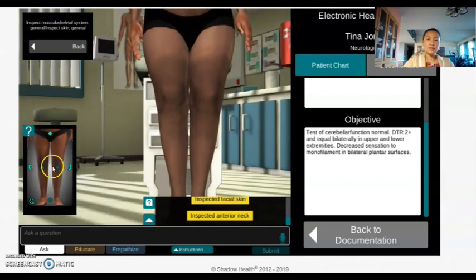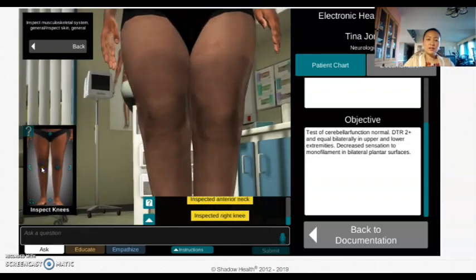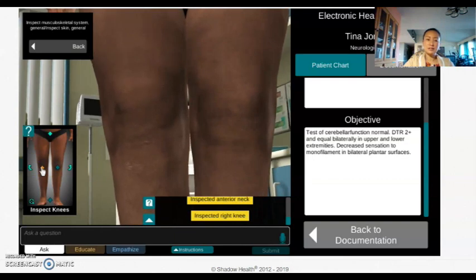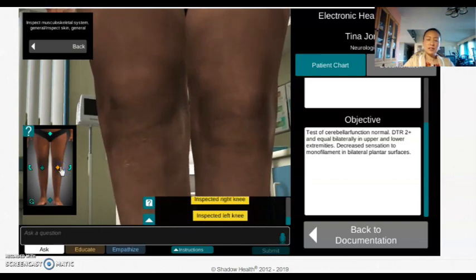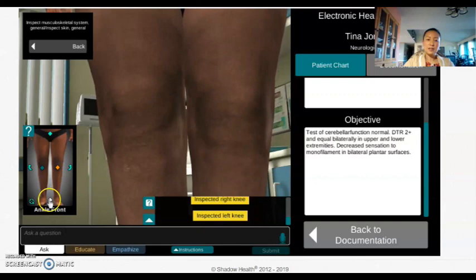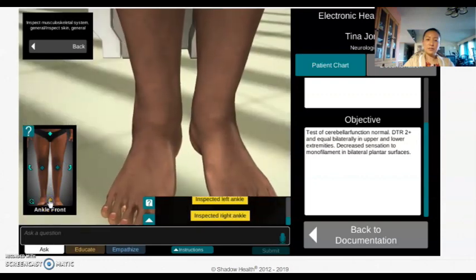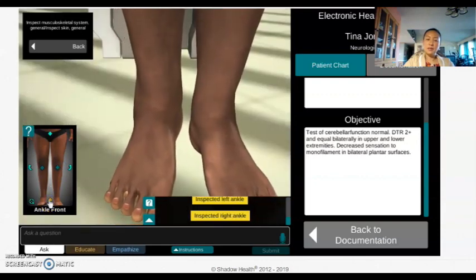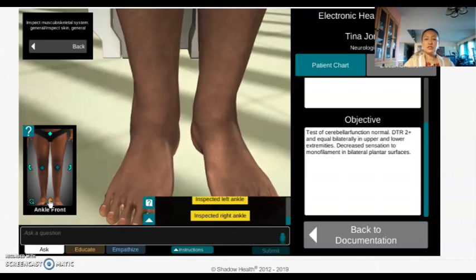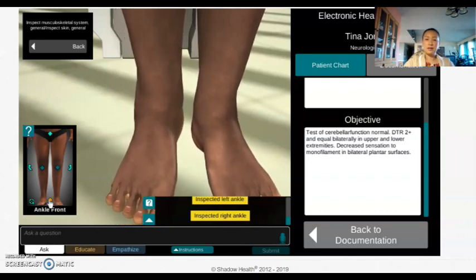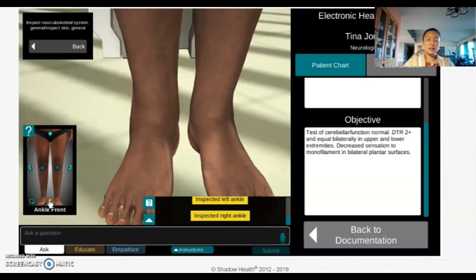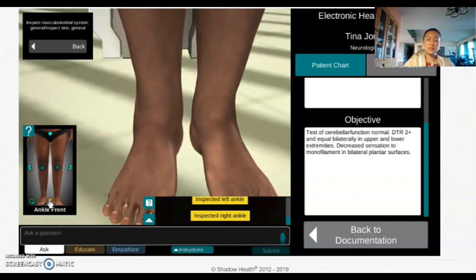Okay, and now checking the knees. Okay, the right knee and the left knee, as well as the ankle. And this also gives me an opportunity to check for any edema or any bruises, contusions, or abrasions in the lower extremities.